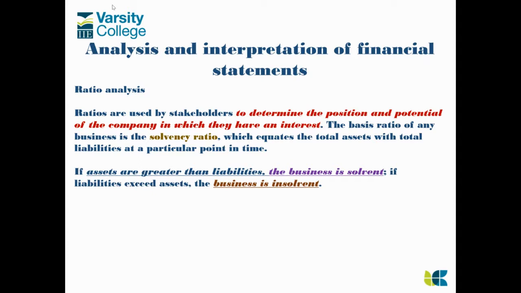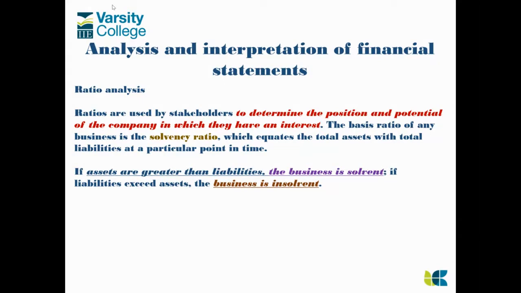Now they speak to the solvency ratio. And what are we measuring with the solvency ratio? With the solvency ratio, we're literally saying, can this company cover its liabilities? If it were to sell all its assets, will they cover the liabilities?